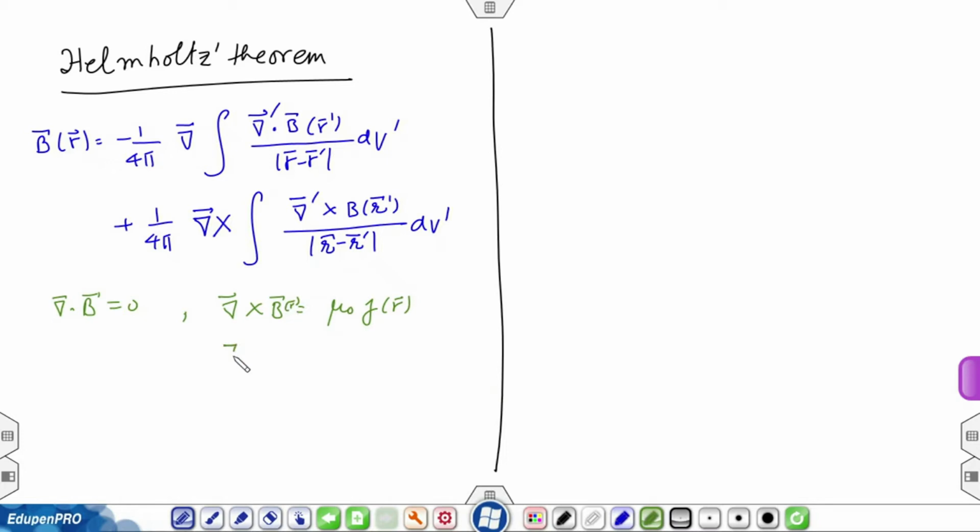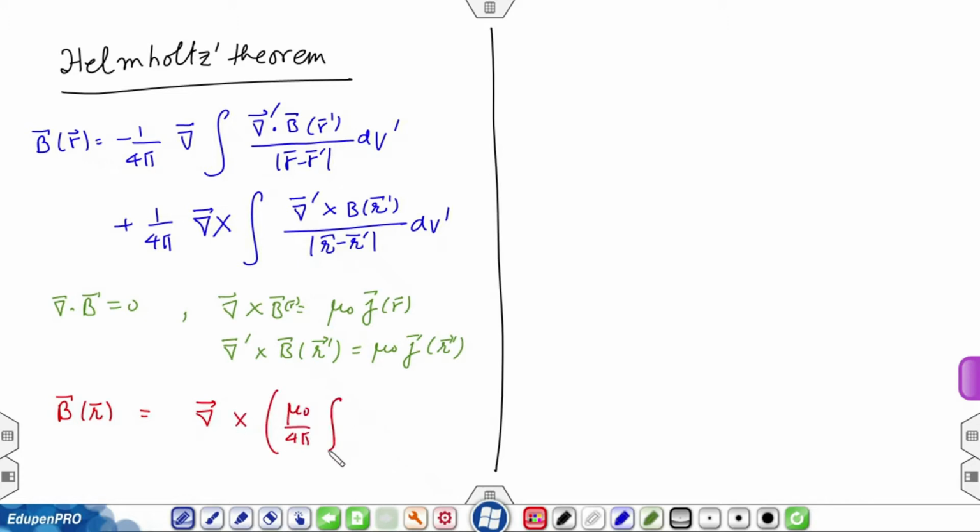For r prime, curl of B of r prime is equal to mu naught J of r prime, and therefore, I have the magnetic field B at r equal to curl of mu naught over 4 pi integration J r prime over |r minus r prime| dV prime.